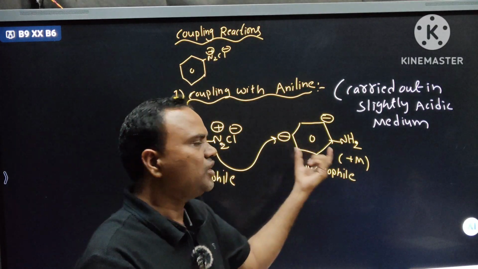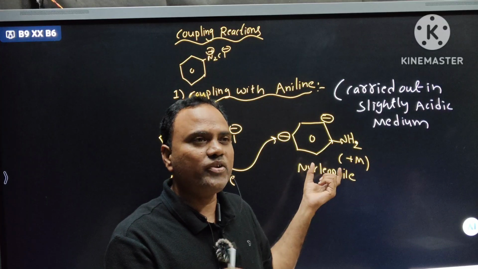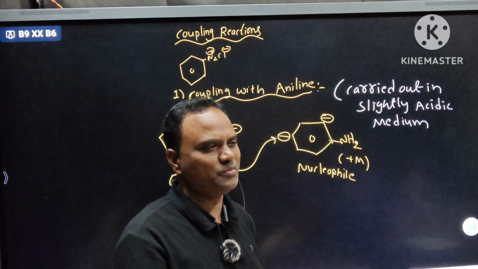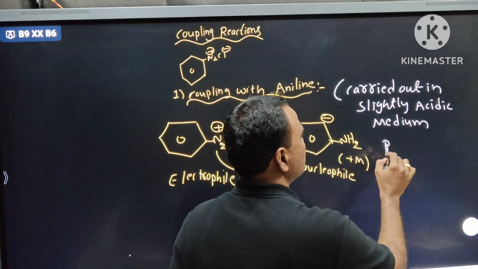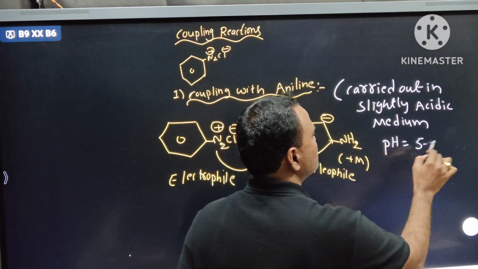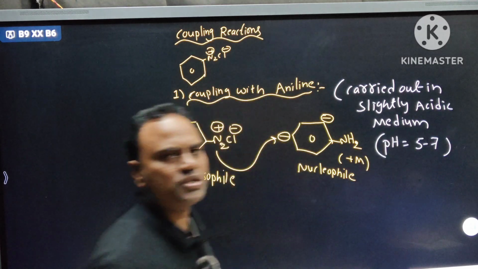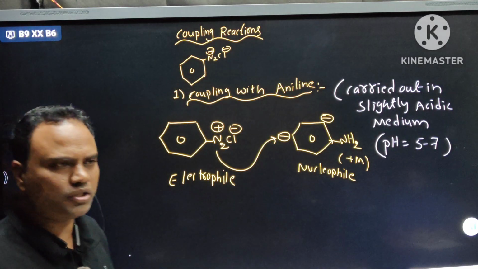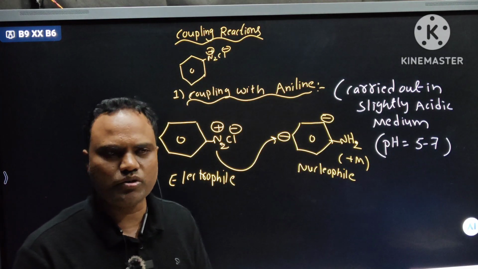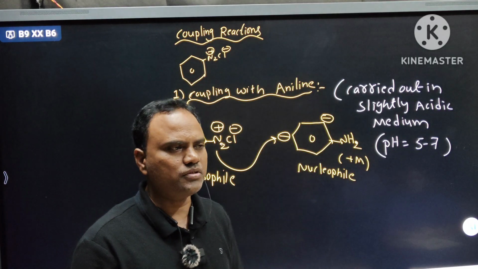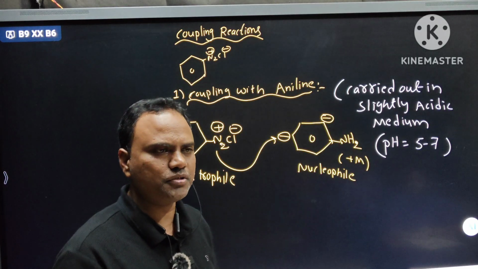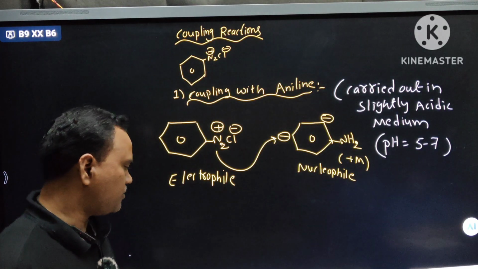Phenol is an acid, so we take a basic medium, slightly basic, the opposite medium. pH is 5 to 7, slightly acidic. The pH value is also important. Benzene diazonium chloride couples with aniline at pH 5 to 7, slightly acidic. Now let us see the product.